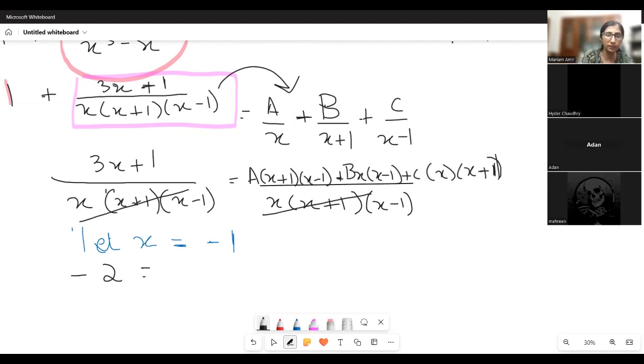So we have b times minus 1 times minus 2. So we have 2b at the right hand side, minus 2 divided by 2 would be minus 1. So b equals minus 1.